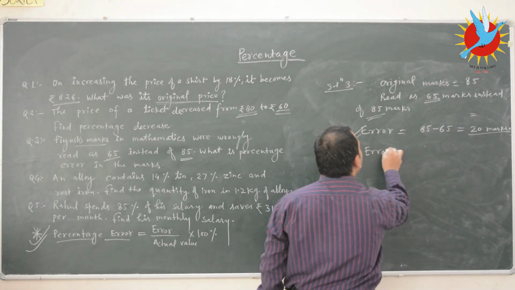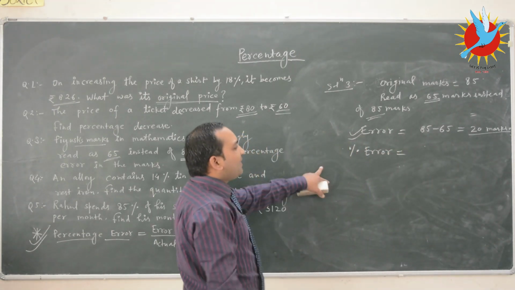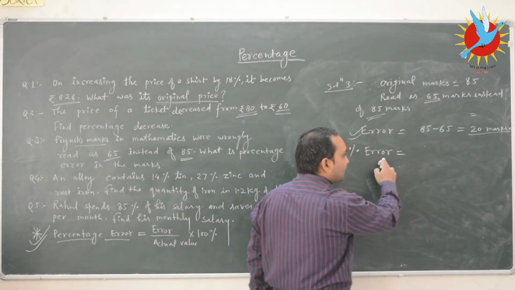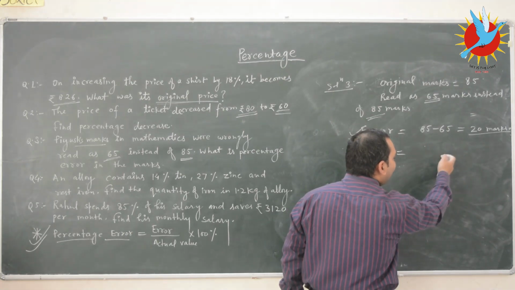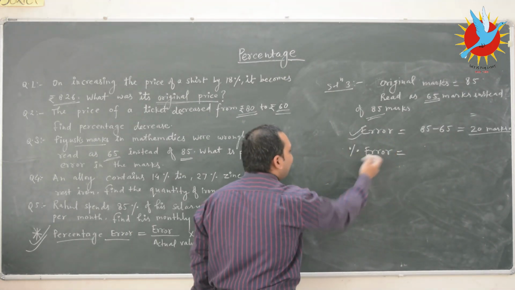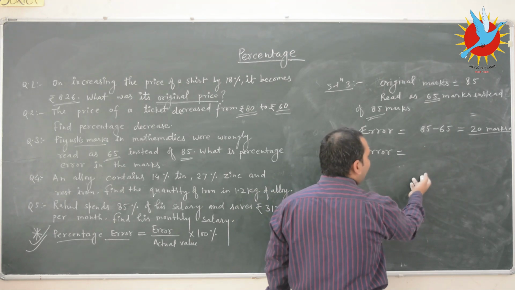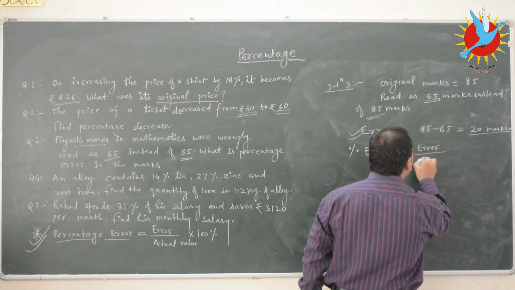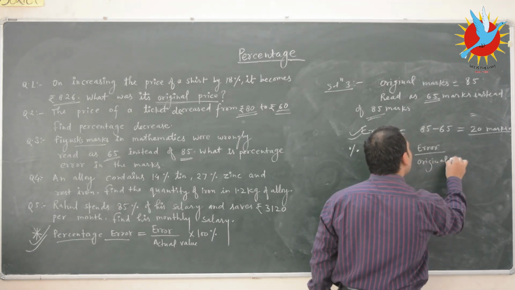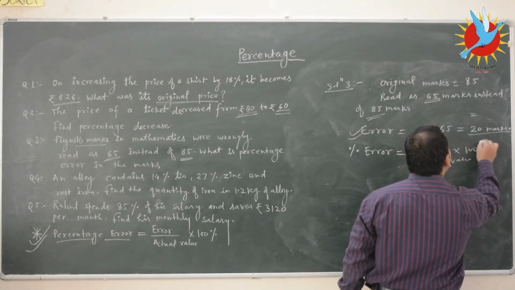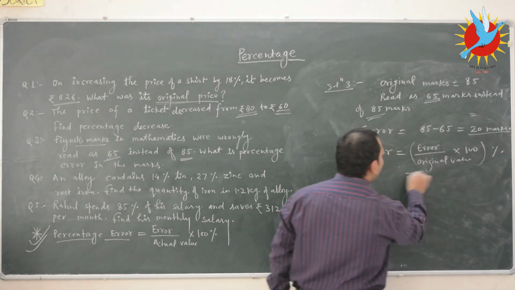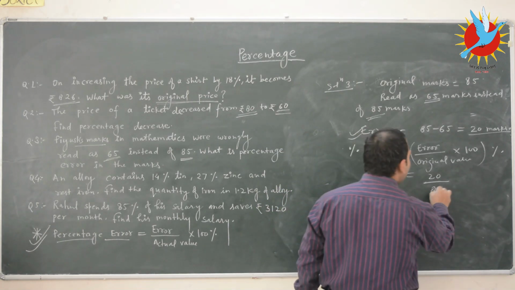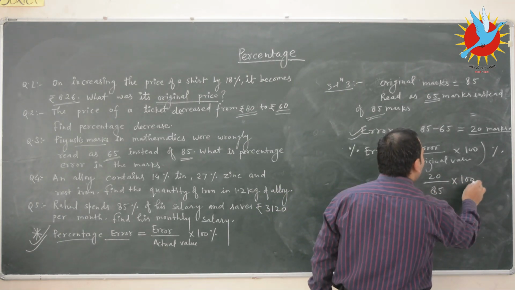The formula of the percentage error is the same as for increase or decrease, because percentage increase is equal to increase value upon original value into 100%. So here percentage error is the error upon original value into 100%. Error is 20 marks, and the original mark was 85, and we find the percent.